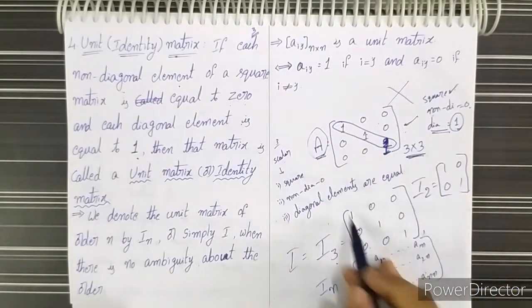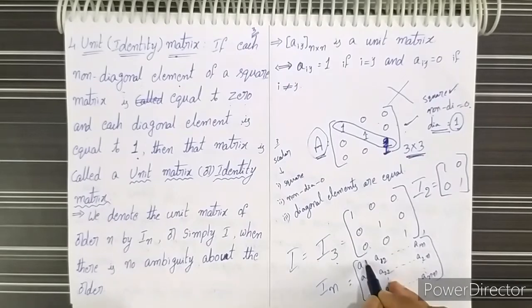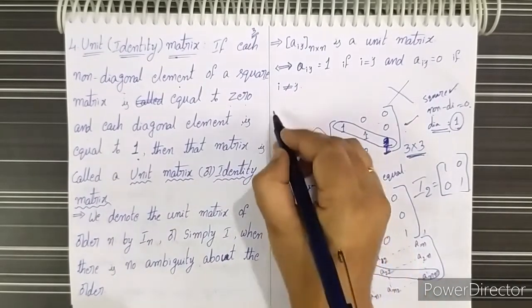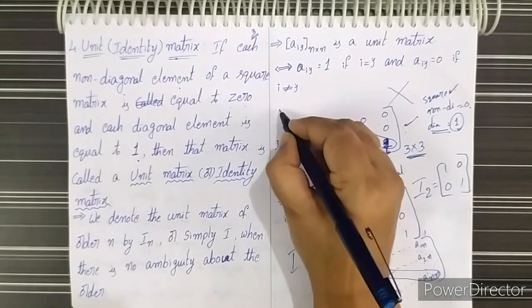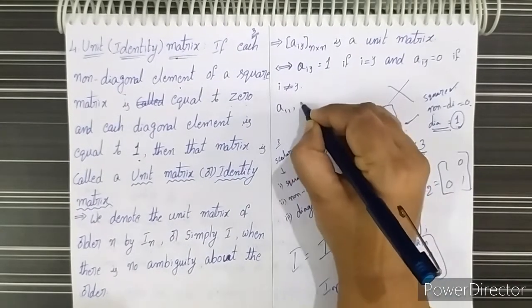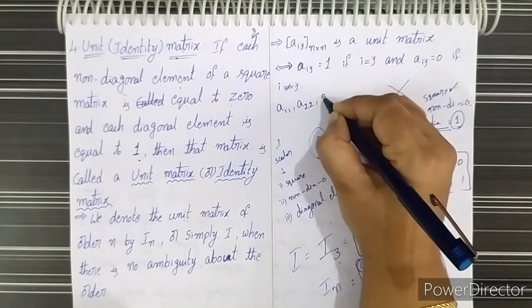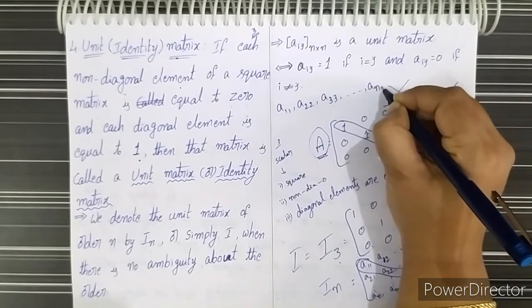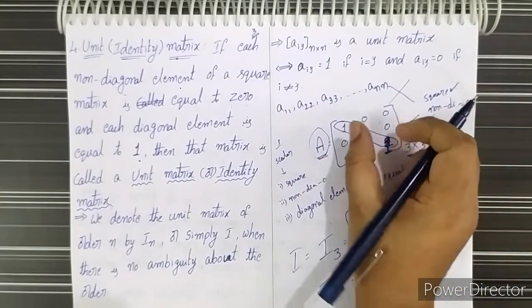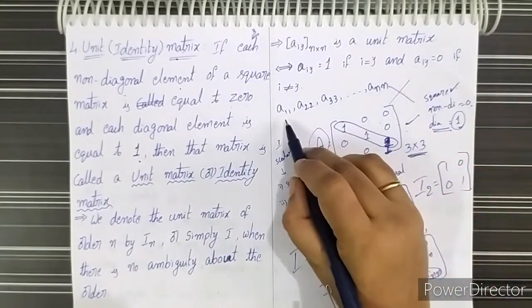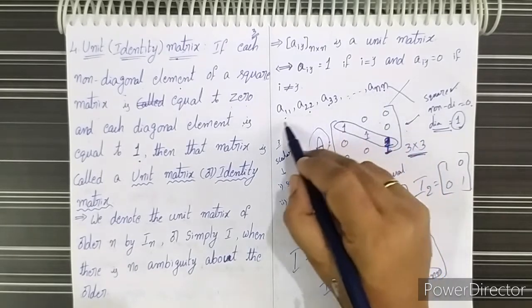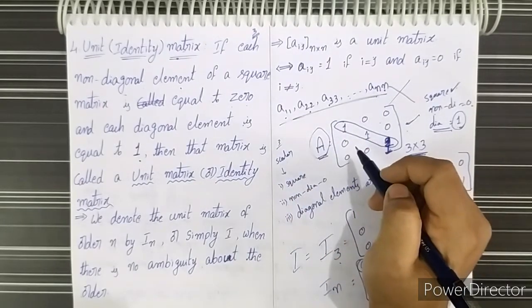These are the diagonal elements. In an n by n matrix, the diagonal elements are a11, a22, a33, and so on, ann. In any square matrix, these are all the diagonal elements.